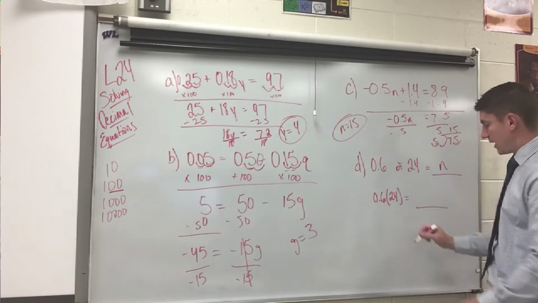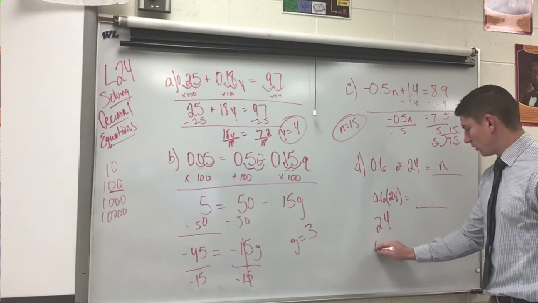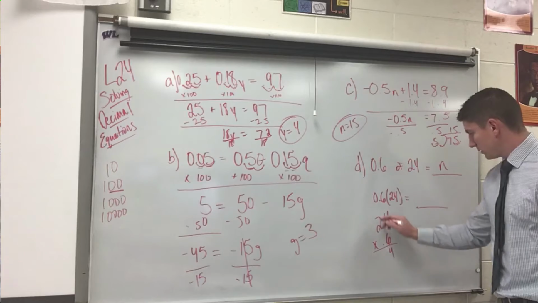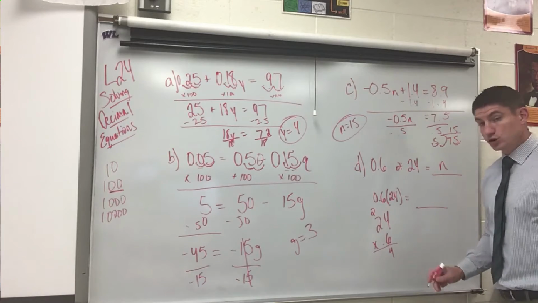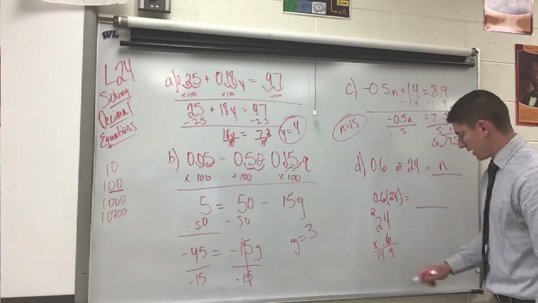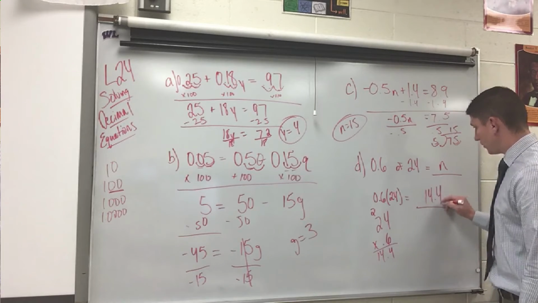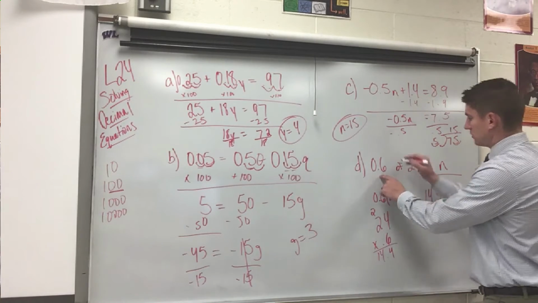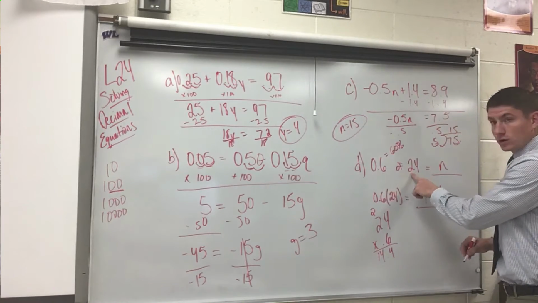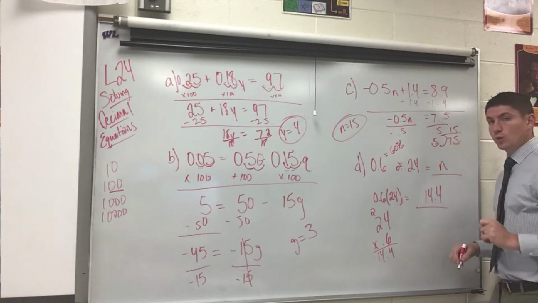Now I'm going to multiply 24 times 0.6. 6 times 4 is 24, carry the 2. 6 times 2 is 12, plus 2 is 14. I have to remember I have one decimal place, so that goes there, 14.4. So 0.6, which is actually equal to 60%, of 24 is what number?